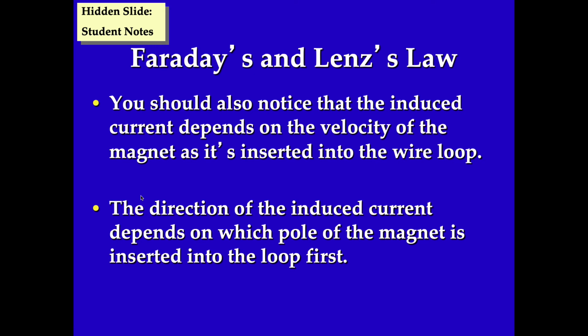If I move the magnet through the wire, the induced current is going to depend on how fast I move the magnet in and out of the loop, and in what direction I move it.